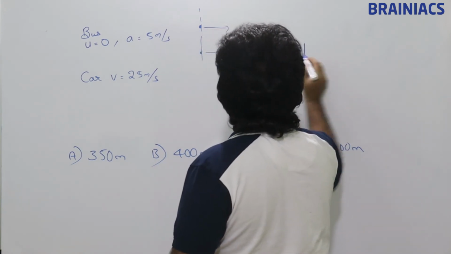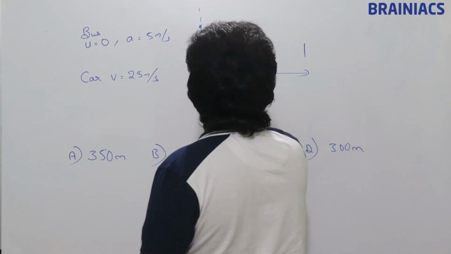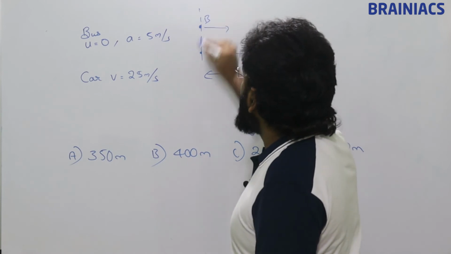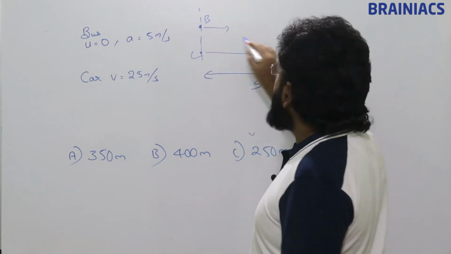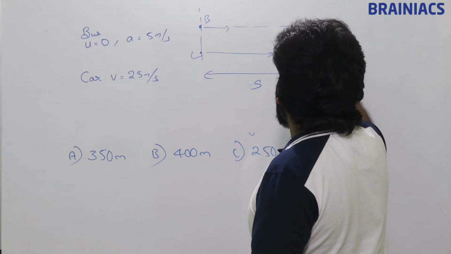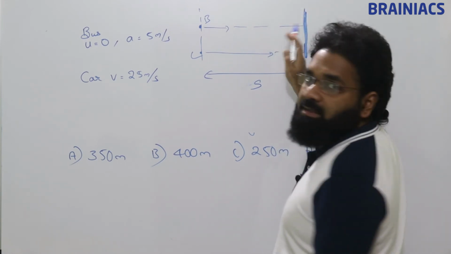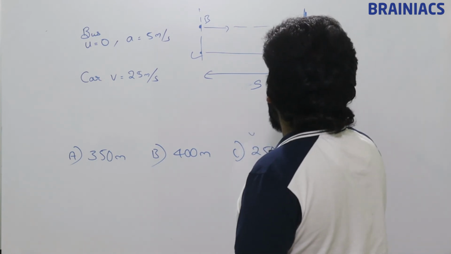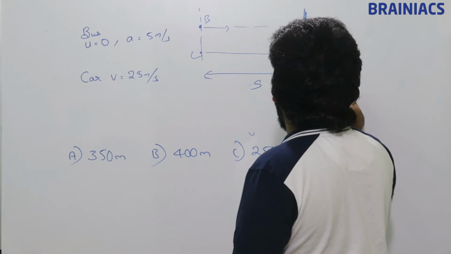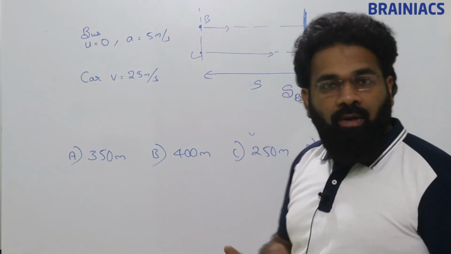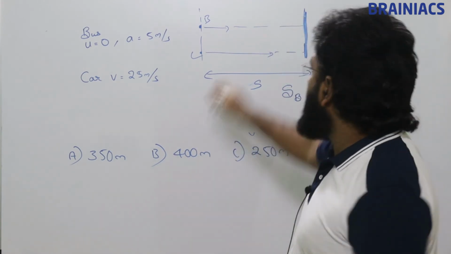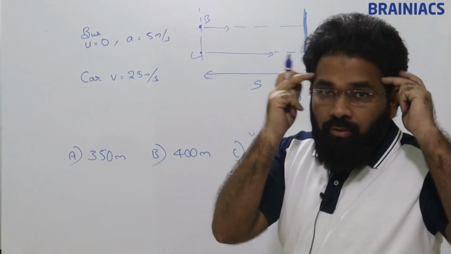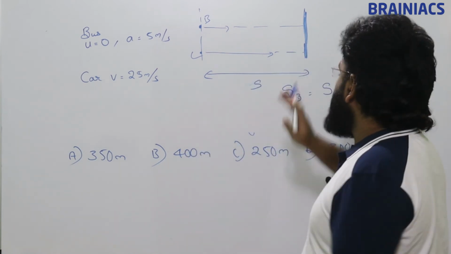Suppose this is the distance at which the bus overtakes the car, then we can say the distance traveled by bus is equal to the distance traveled by car. Both will have to travel the same distance, then only we can say it will overtake. Understood the logic? That is the crux here.